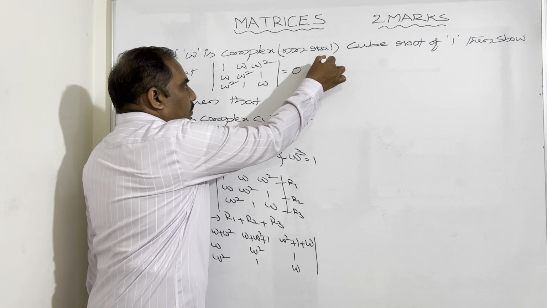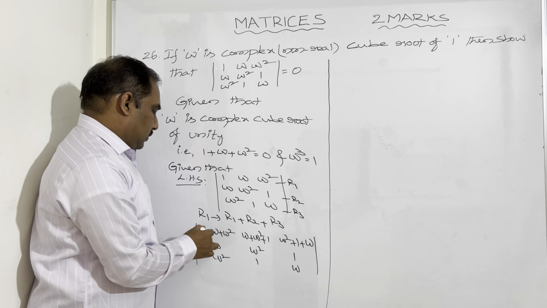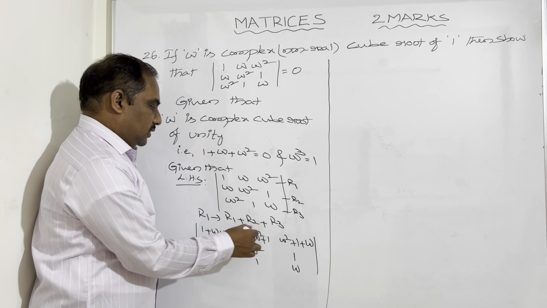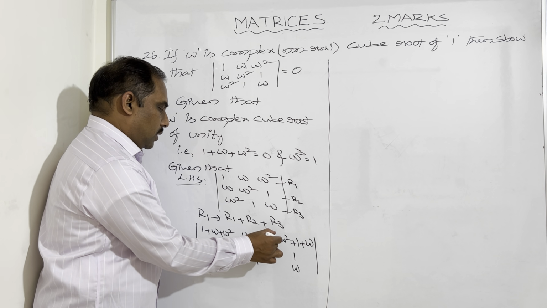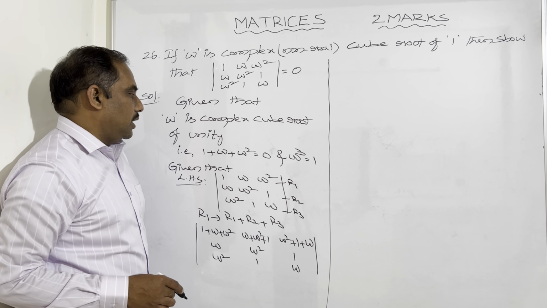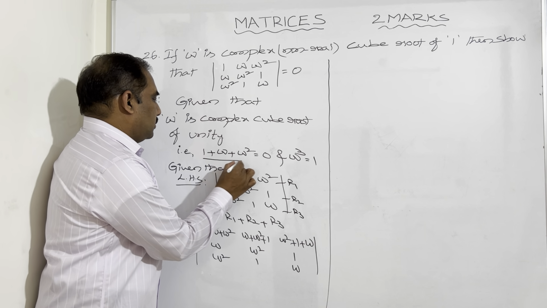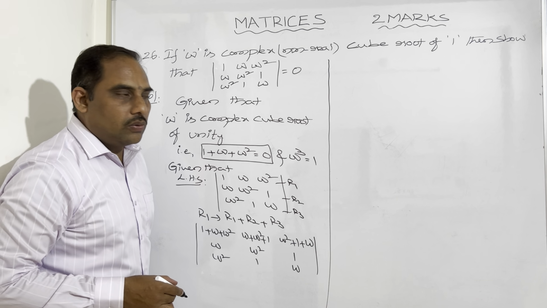Just adding R1, R2, R3 and writing in the place of R1. So now what happens here? Observe that, in the first row we have 1 plus omega plus omega square in all three elements. Already we have the condition that 1 plus omega plus omega square is equal to 0.